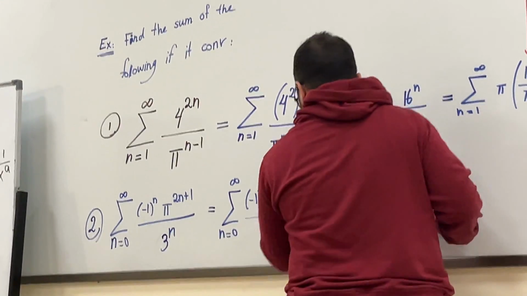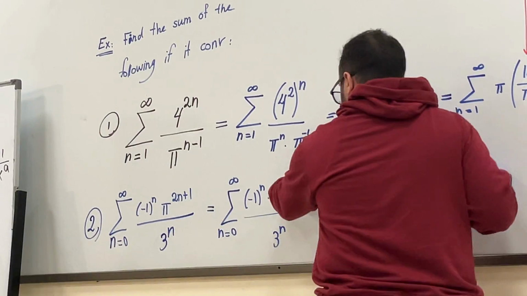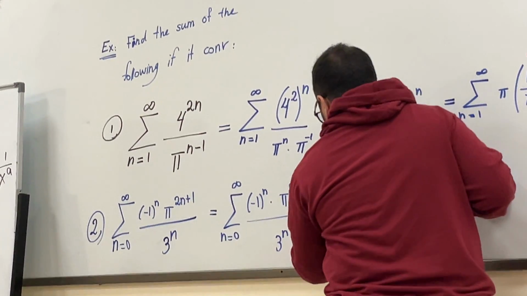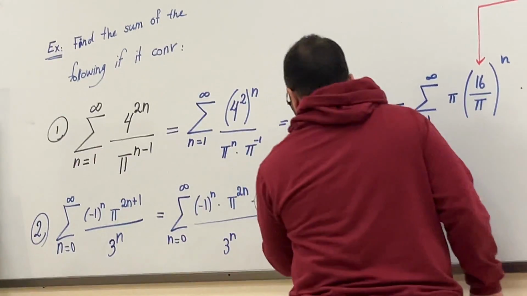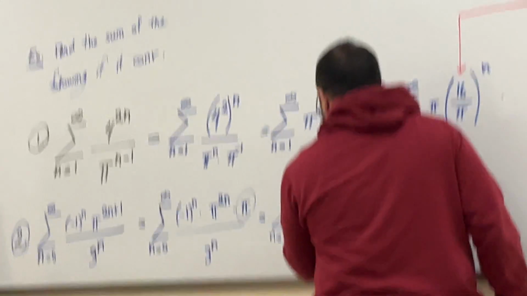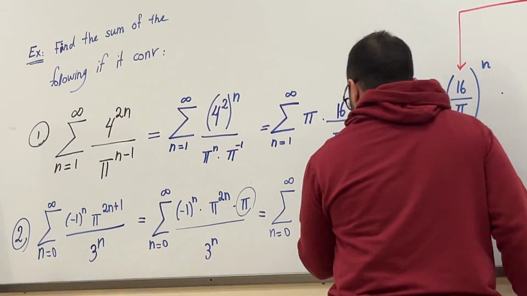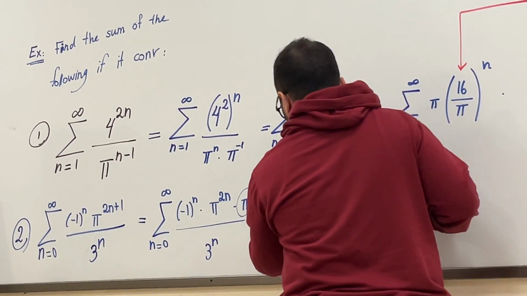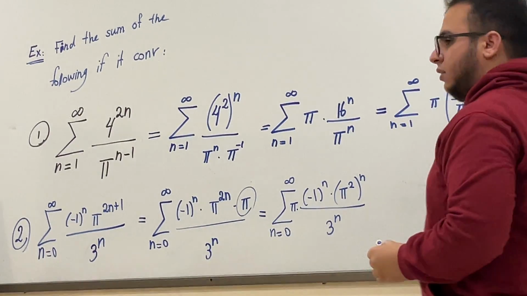This is a constant. This one, I don't like it. How do I do it? 5^2, and then all power n, divided by 3^n. If you want, you can take the constant here at the beginning. It doesn't affect.